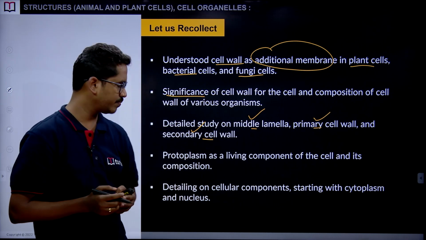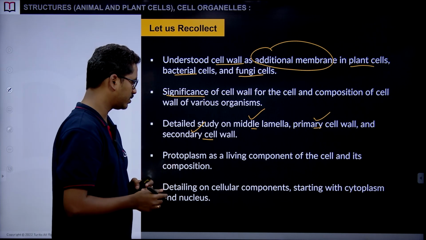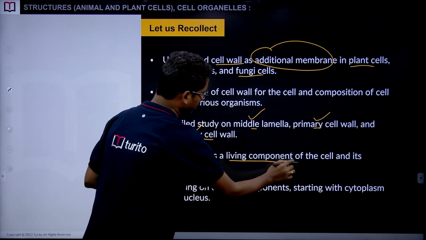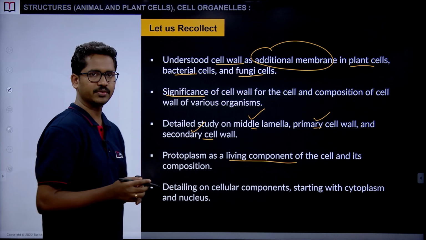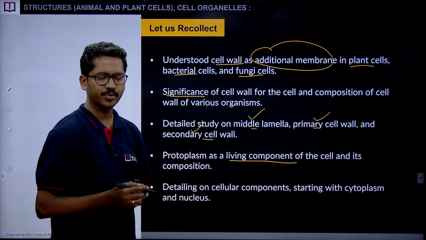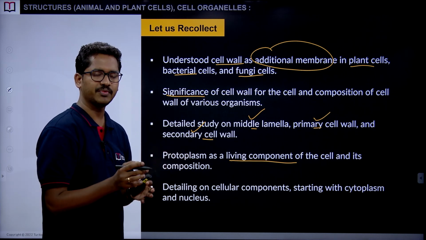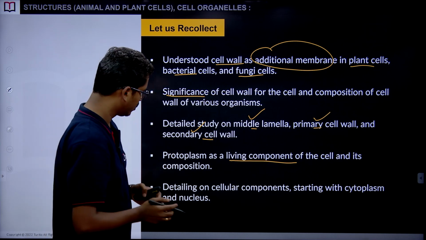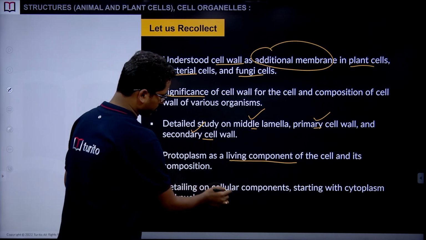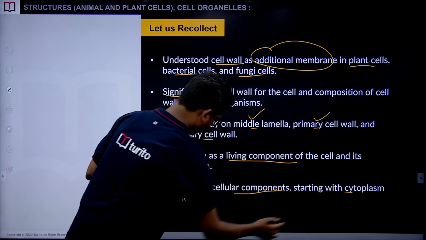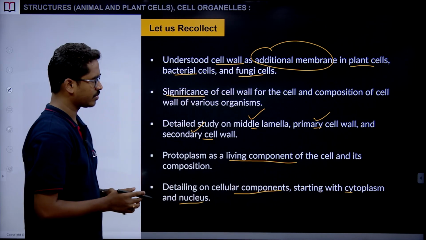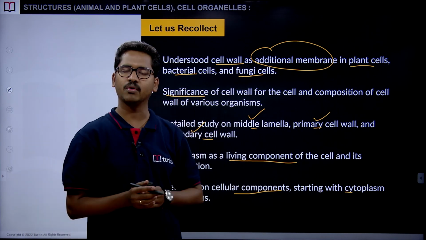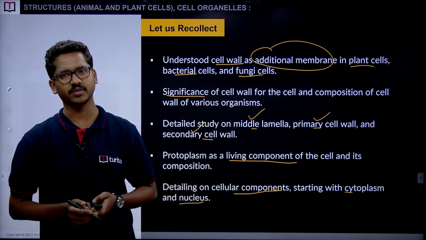That is what we understood. We then analyzed it by separating the nucleus out of it, and we understood some part of the cytoplasm. So we had a detailed understanding of some of the cellular components, starting with cytoplasm and the nucleus. Hope you remember these topics we have already discussed in the previous session.